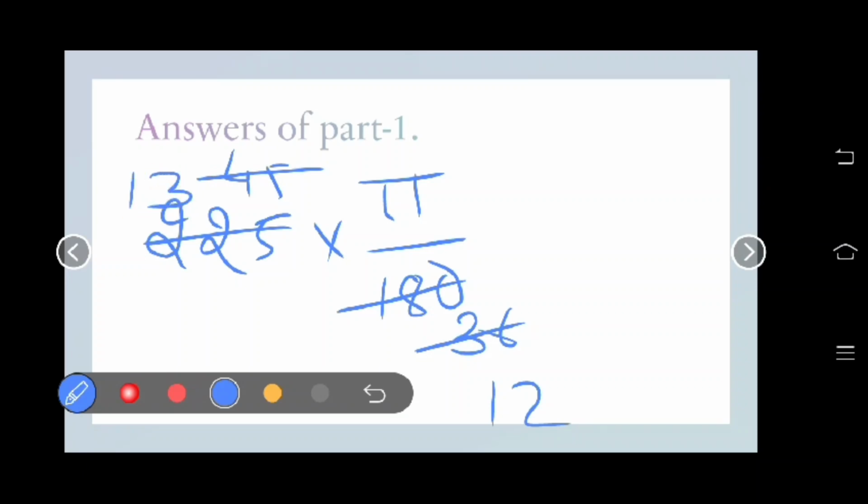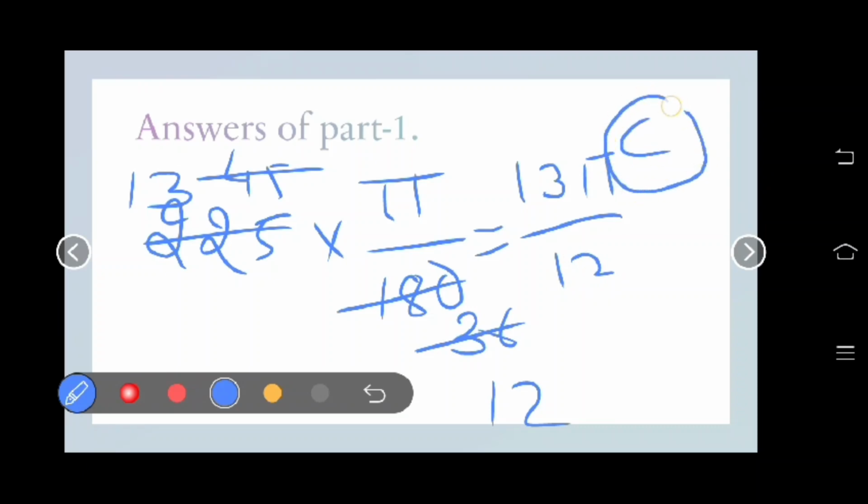Last time we did the three table, I guess you people are clear with it. So the answer will be 13 pi by 12 radians. I hope you are clear. You already know that this C represents radian. So this is the answer of the first question.